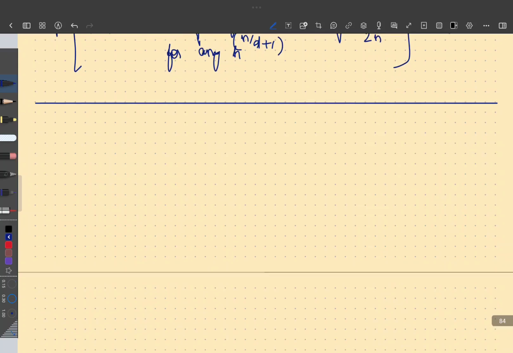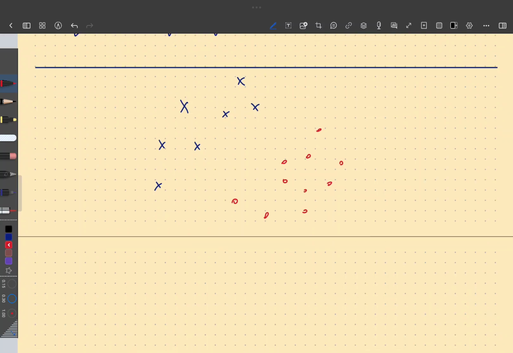Okay, so now we've seen that the empirical risk minimizer is not unique. So let's suppose that we are given some kind of a data set. So this is some data set where one set of points is labeled +1, the other is labeled -1, and we want to separate the two.